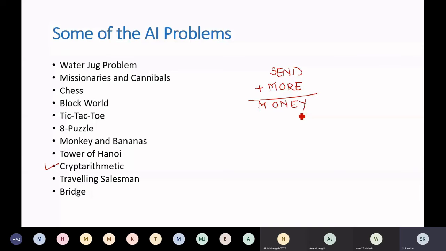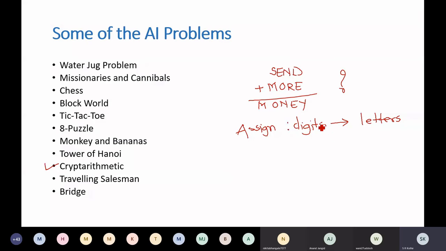If this is given to you, the question is that you will have to find the logic behind this in such a way that you assign digits to the letters. Assign digits to letters.